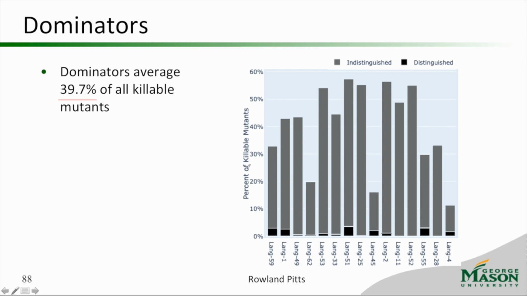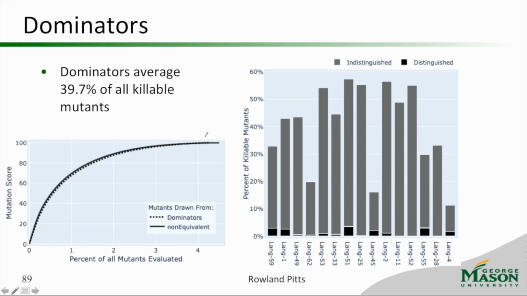39.7 to be exact, and it is an average, so there are higher observations and there are a few low ones. But when you think about it from that perspective, if you only have a 40% probability of randomly drawing a dominator, why then do we get this dominator-like performance?